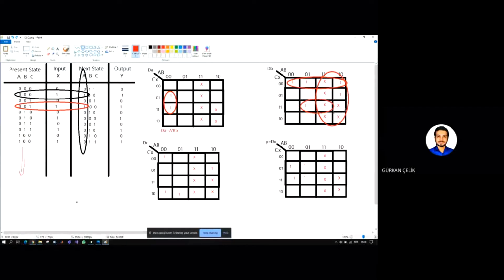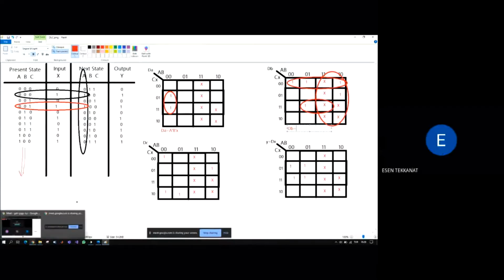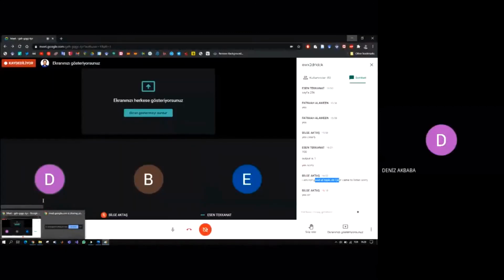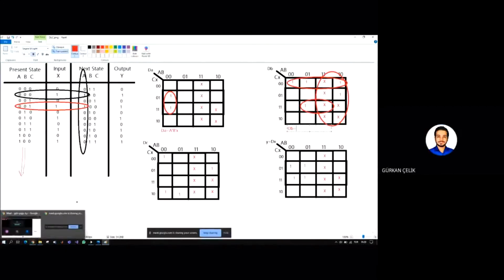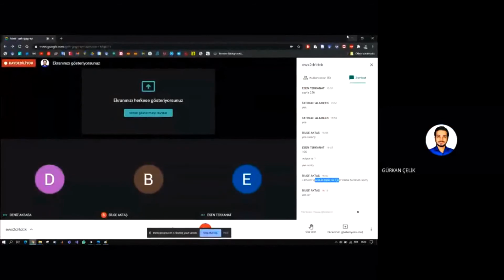You cannot create a circle with 3 squares, right? So you have 1, 2, and 3 squares. Let me write the expression of these 3 squares. For the first square, what should it be?